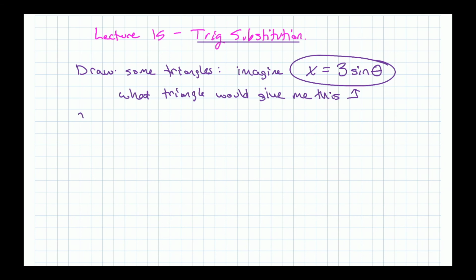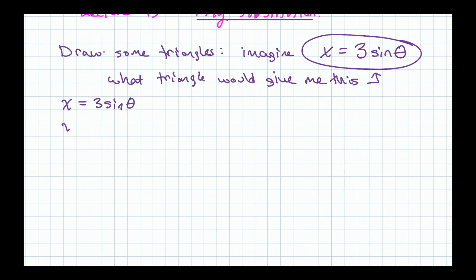So you start out and you say x is 3 sine theta. Divide both sides by 3. X over 3 is sine theta. Now, you have to remember which sides of the triangle give you which trig function, like SOHCAHTOA.